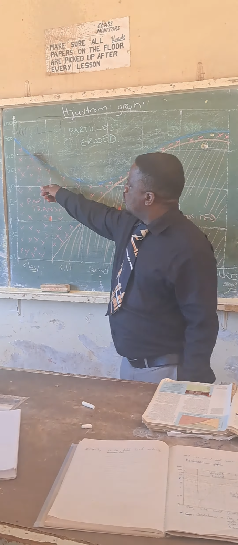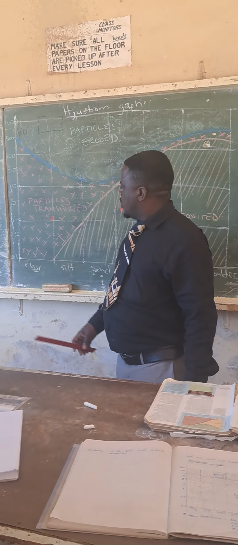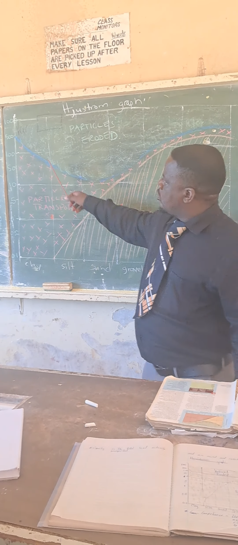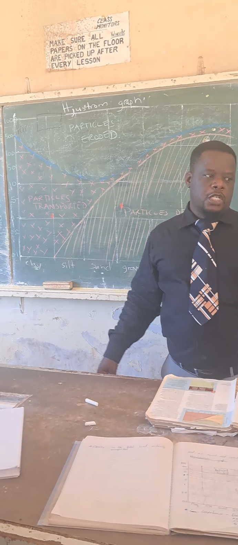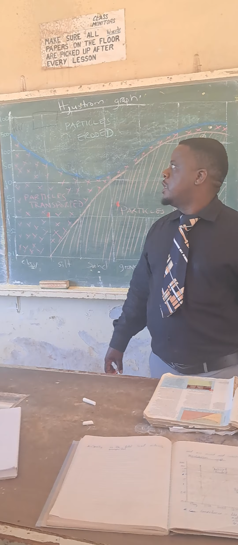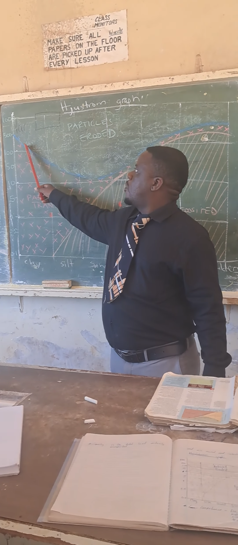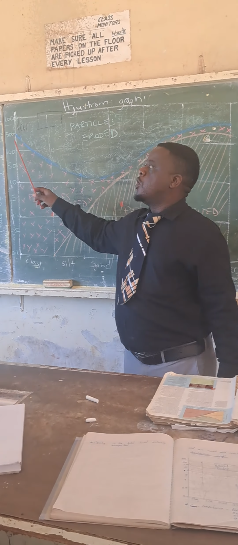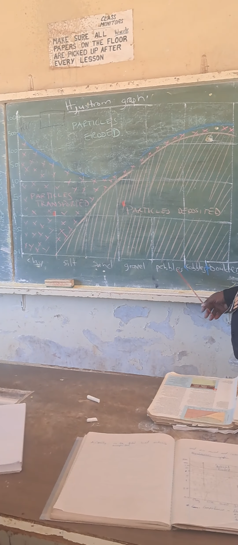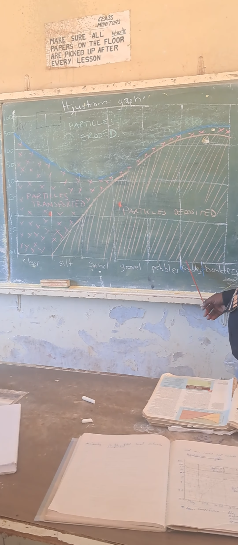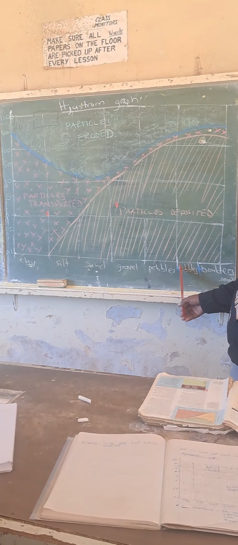Then, if we look at clay particles, the rate of erosion on clay particles is very reduced. The amount of energy required to move clay particles is similar to the amount of energy required to move pebbles and cobbles.